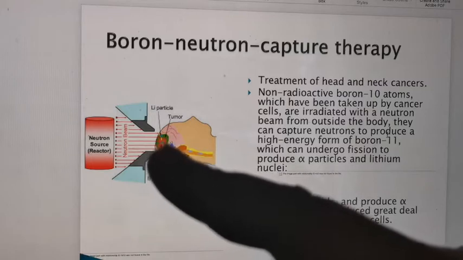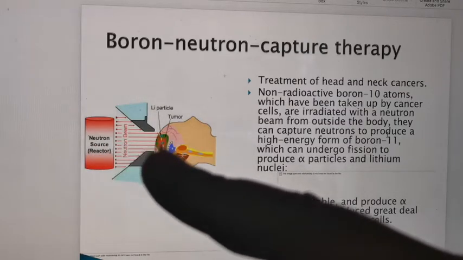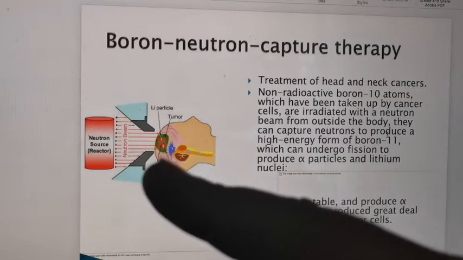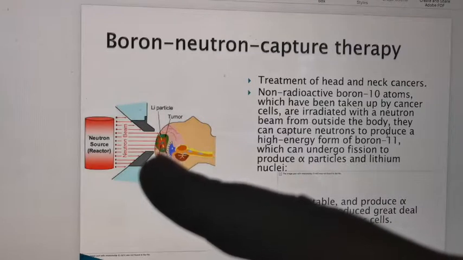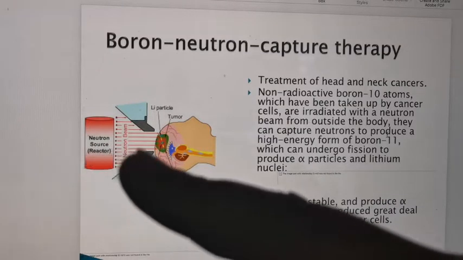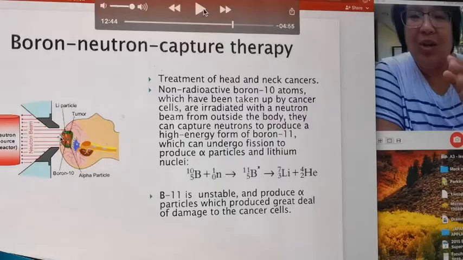And what you do is you expose that part of the body to a neutron source reactor. So you have a radioisotope here inside that emits neutrons, and you bombard this neutron onto boron 10. Why? What does it do?